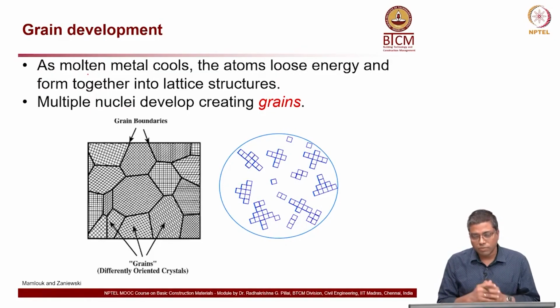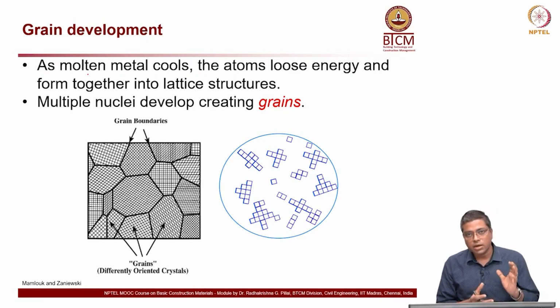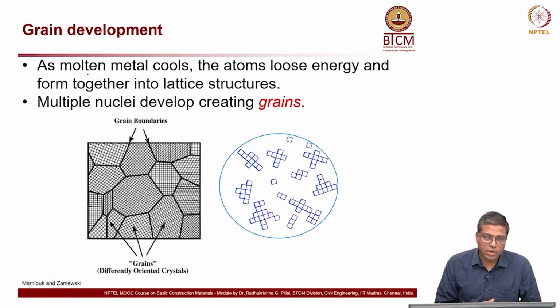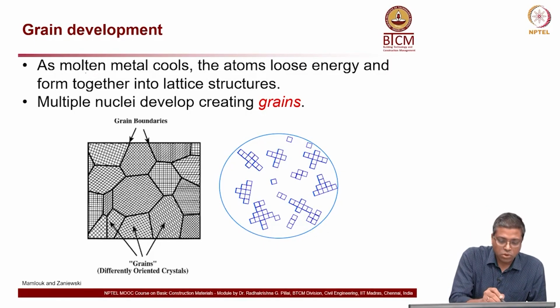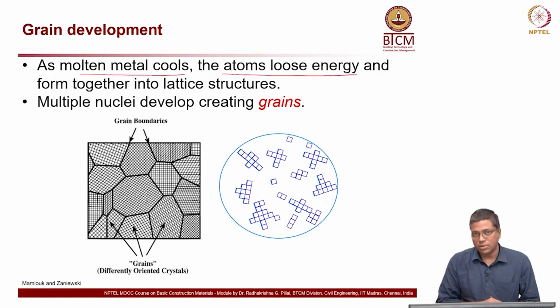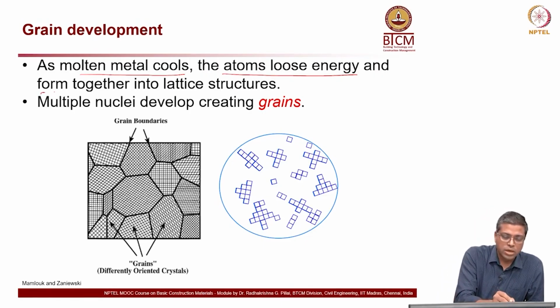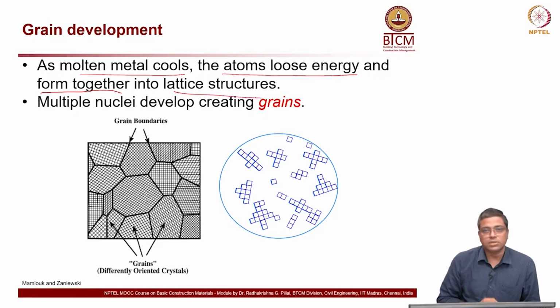But in general, if we ask how a metal is made, we can say that a molten material is taken and cooled down to solidify, and then we call it a metal. This was covered in the previous lecture also. Now, as the molten metal cools, the atoms lose their energy and form together into lattice structures.